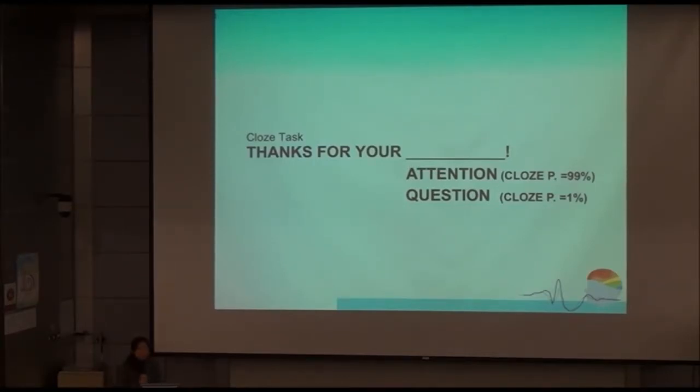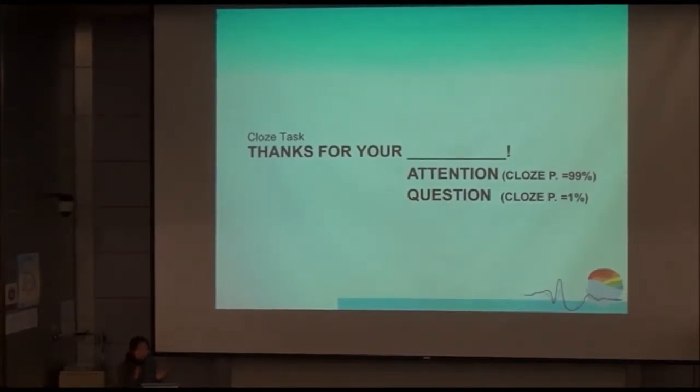So normal elders just serve as a control for the aphasic patients, because when you're getting old, you have a risk for stroke or other kinds of brain injury. So when you want to compare in the patient study, you have to know what the data look like in this age range.